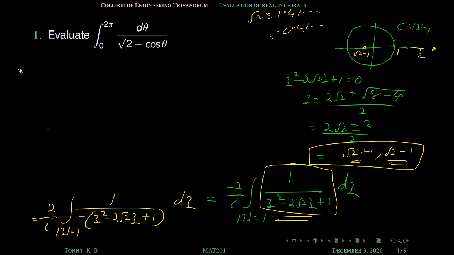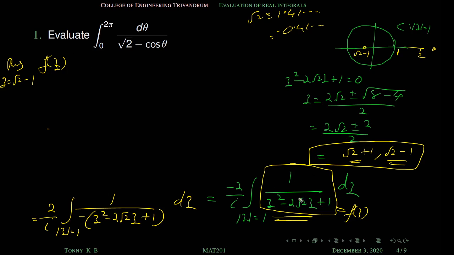Okay, so what is the residue at z equal to root 2 minus 1 of the function f of z? In our case this is our f of z, the function we have to integrate.